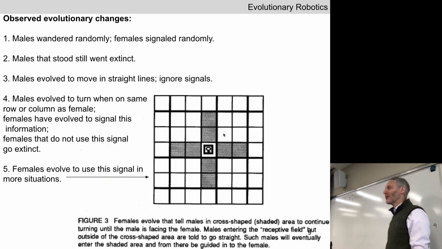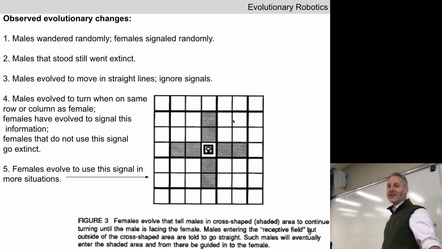Otherwise, assume that that female emits the signal that means just go straight. Imagine this female is alternating between just two different songs, either go left or go straight. What should the males do under those conditions? They should listen and obey. Go straight, and when you get to one of these cells, turn left.